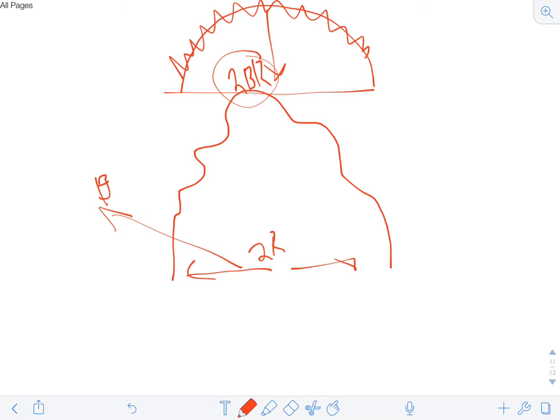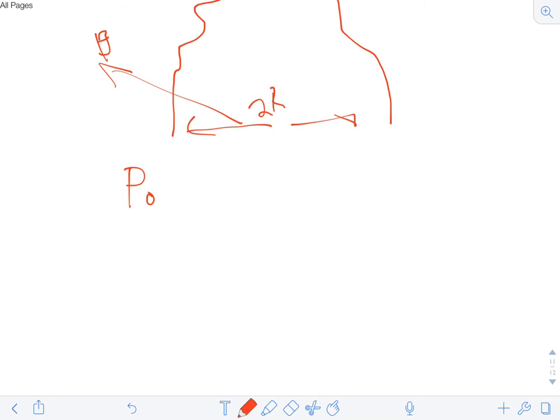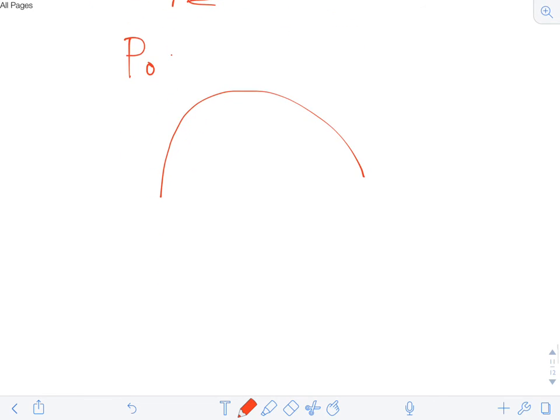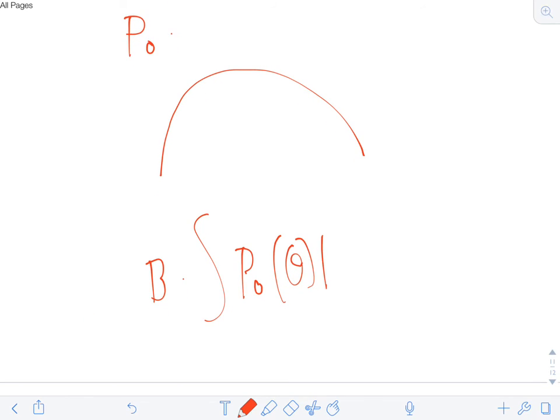So that's the inside. For the outside, it's a little more complicated because you're dealing with a variation of the pressure over the top. So we're going to be integrating the outside pressure, which is a function of theta. And again, B times P of theta, R sine theta d theta.